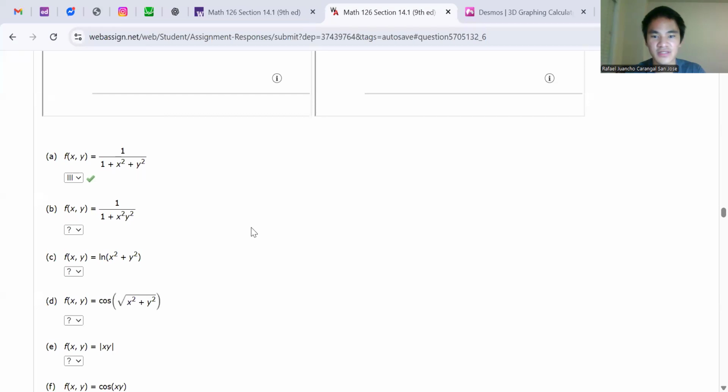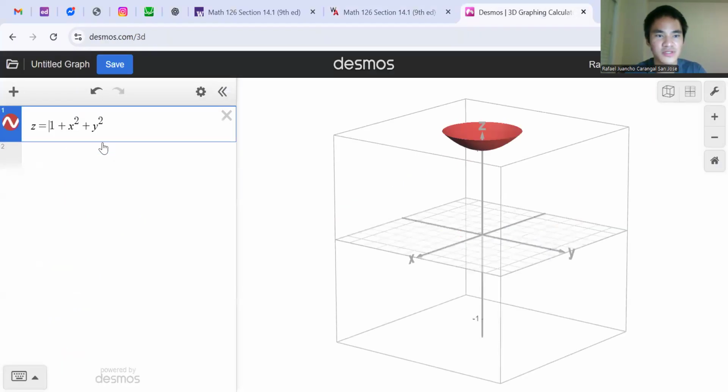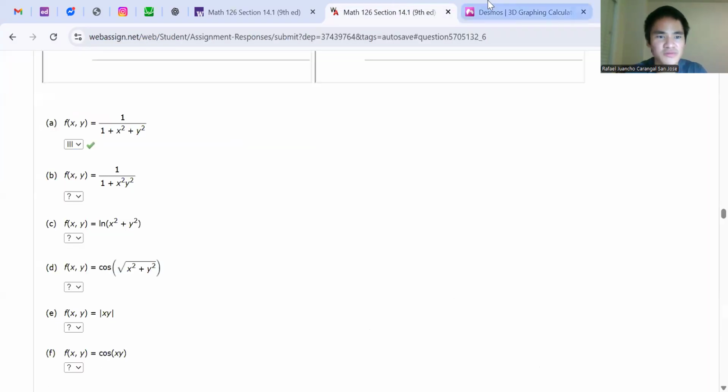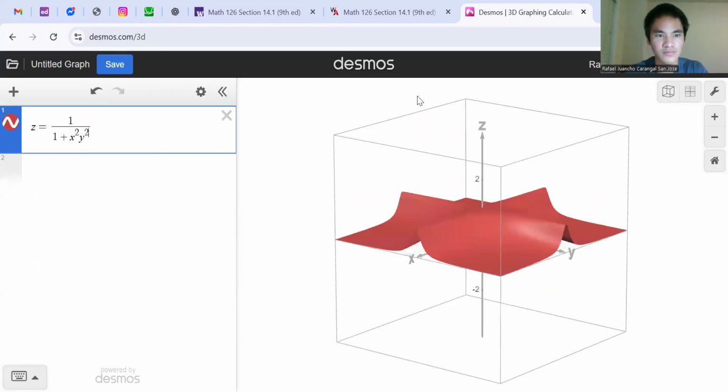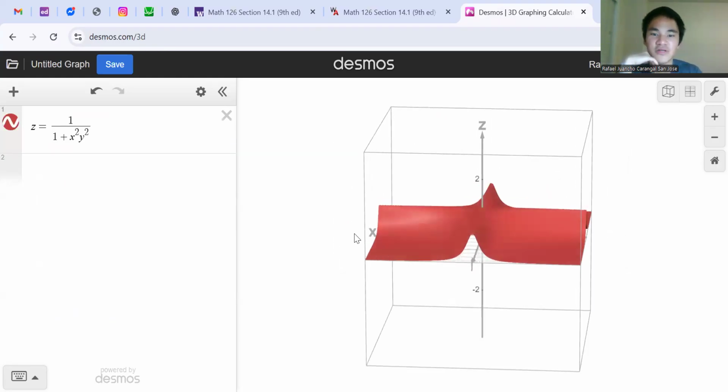Okay, now we're given this next function here. Oh, I can't zoom it in. We have 1 over 1 plus x squared y squared. Here my domain is that 1 plus x squared y squared shouldn't be 0.